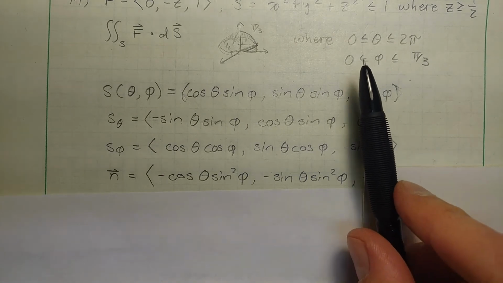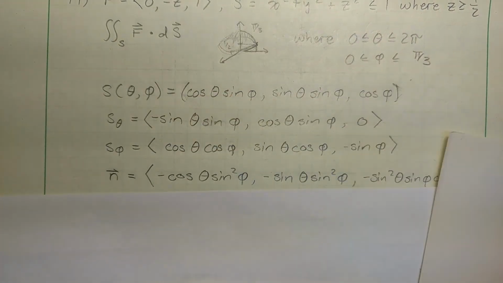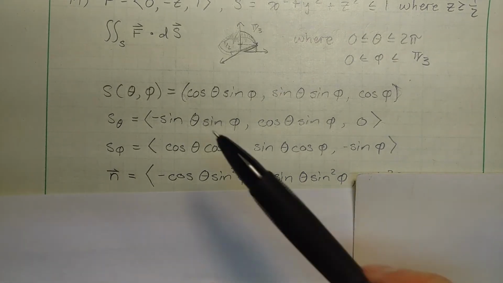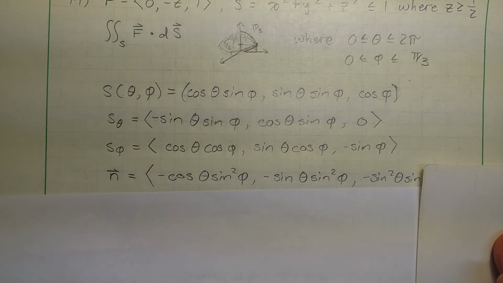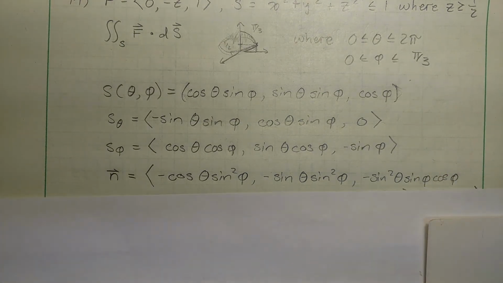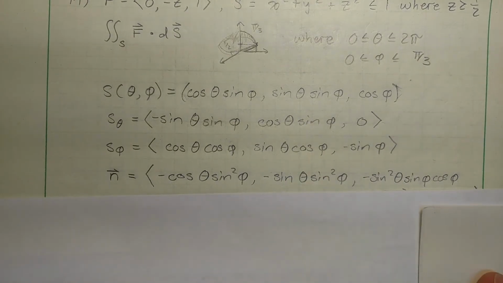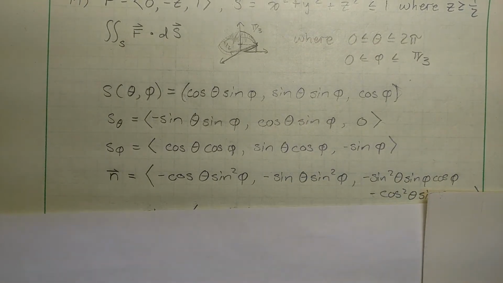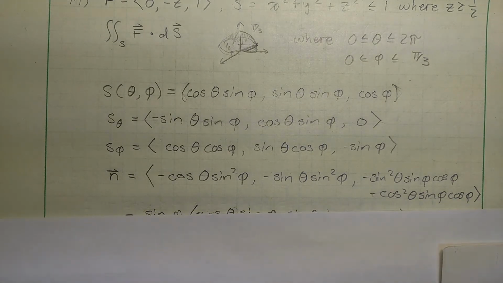And then for my last term here, this is the one that's kind of messy because I've got double products there. Multiplying here, I've got negative sine theta squared, sine phi, cosine phi, and then subtracting, going across this way, I get cosine squared, sine phi, cosine phi.